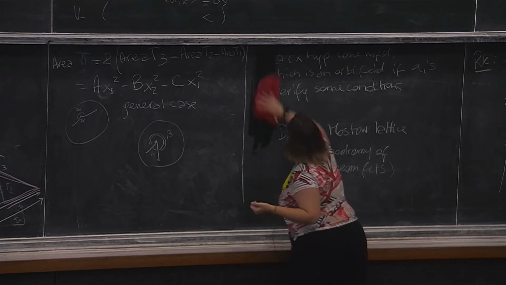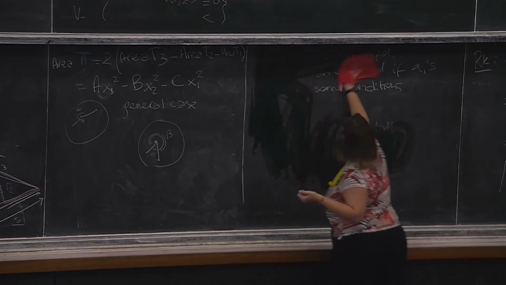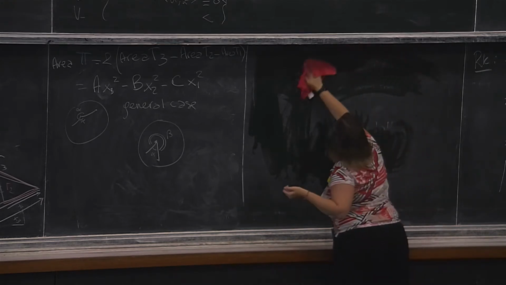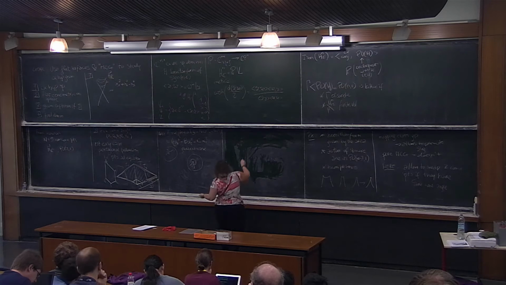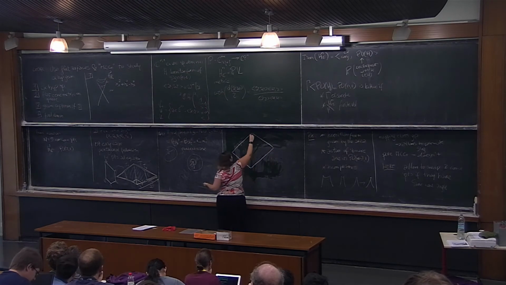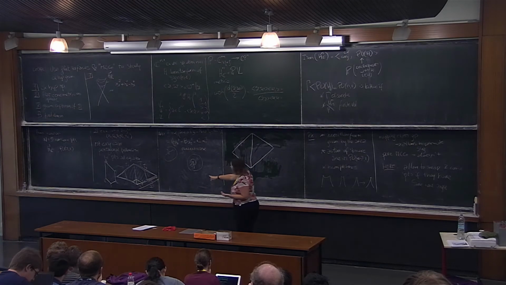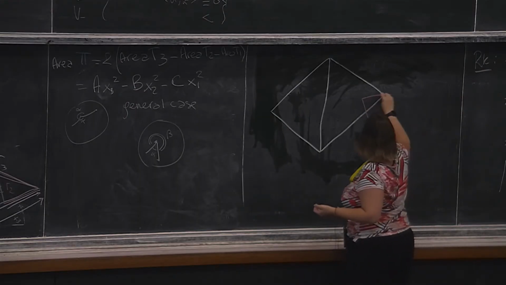Now, I'll do a picture of how this changes, and I promise you that if you look at it long enough, you'll believe me. If I build the same triangles, but this time, instead of having x1, x2, x3 aligned, I change the direction.